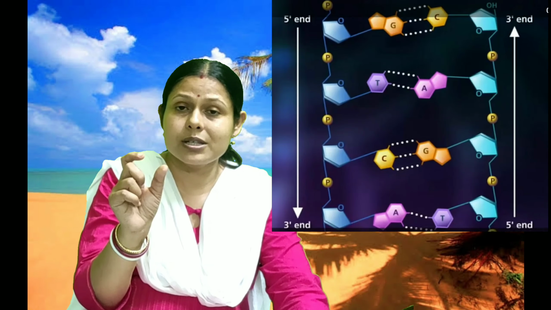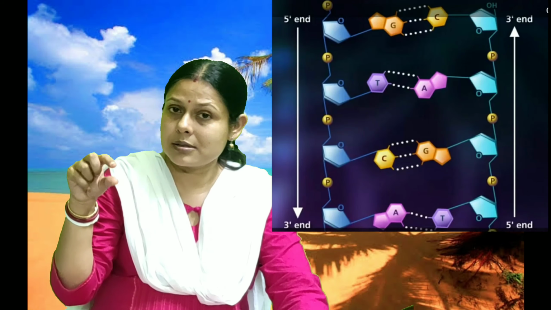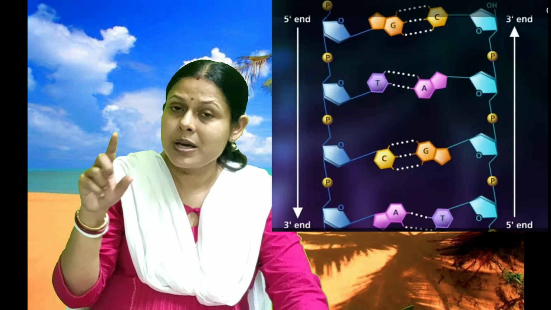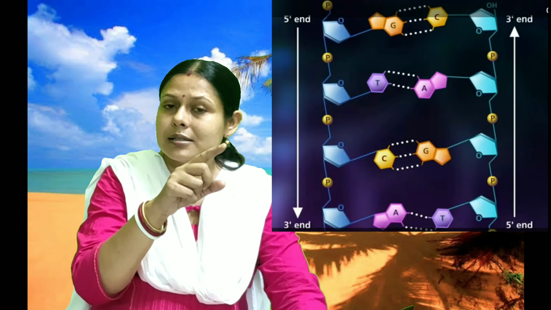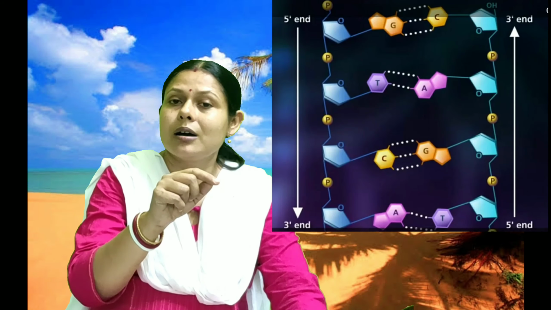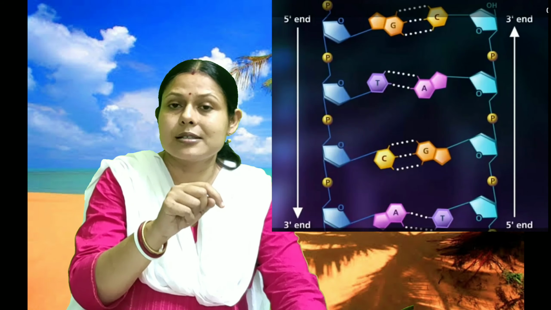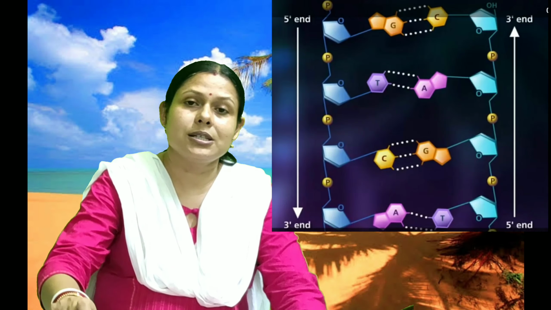So phosphate is associated with one pentose sugar's 3' hydroxyl group and another pentose sugar's 5' hydroxyl group, and there is an N-glycosidic linkage with the nitrogen base. This way they are repeatedly associated with each other.